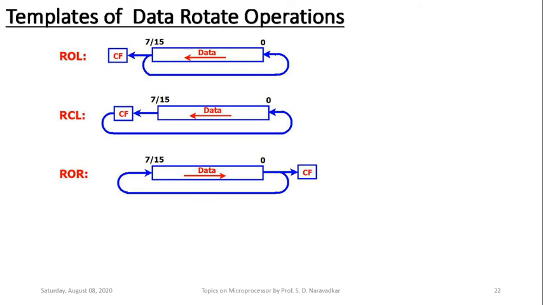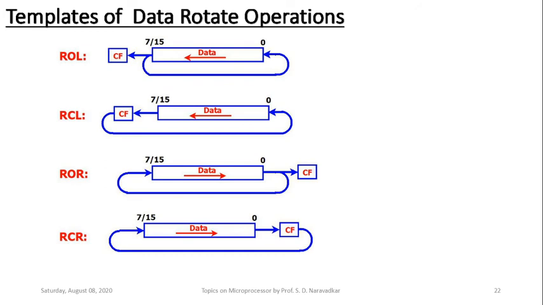Now what happens here? 8 bits of data from a register or 16 bits of data from a 16-bit register will be rotated towards right. The bits which are coming out of the LSB will be successively copied to the carry flag and the same copy will be placed into the MSB vacancies here. Again carry is affected, but it is not in the closed circular path. That's why it is a without carry rotate operation, ROR.